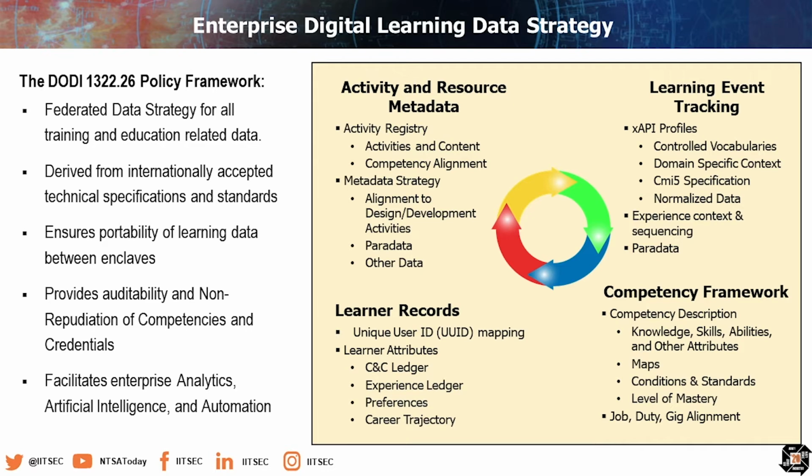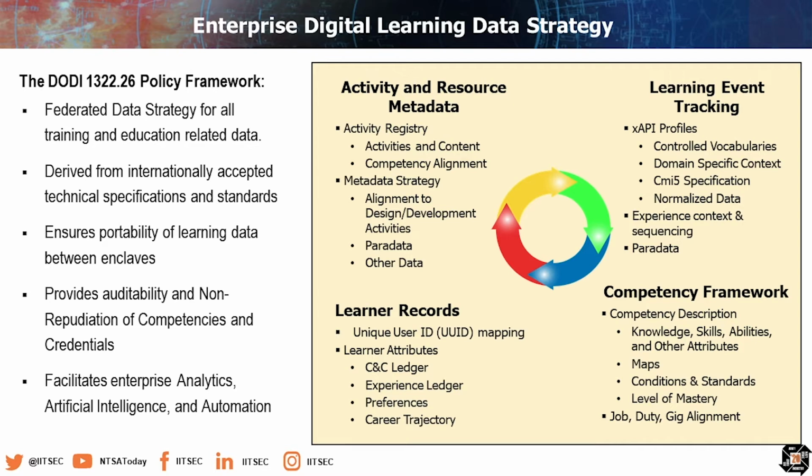It does include conditions and standards in the same way that learning objectives did, but it's a little bit more complex in the way that those are defined because we now account for multiple levels of mastery. And those competencies are, of course, lined into sequences of jobs and duties because the focus in competency is less the schoolhouse and more on the actual job environment.